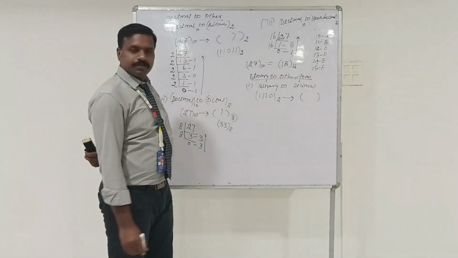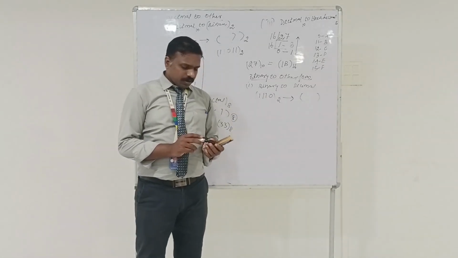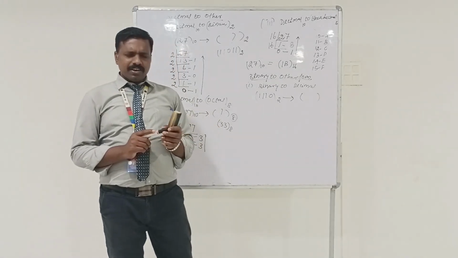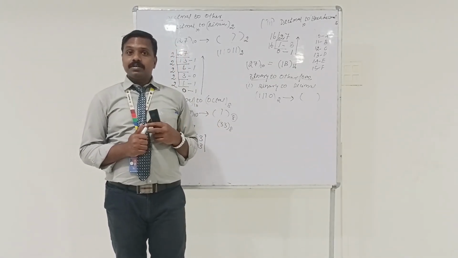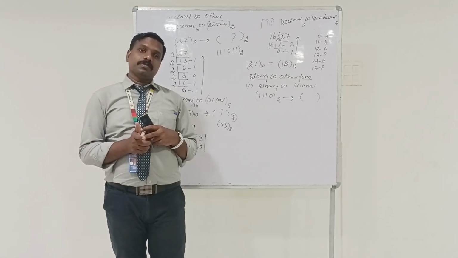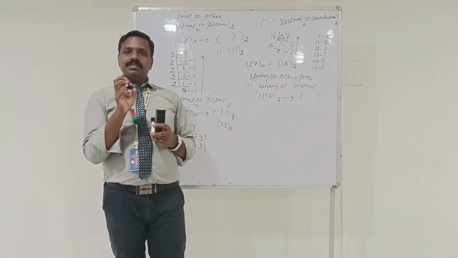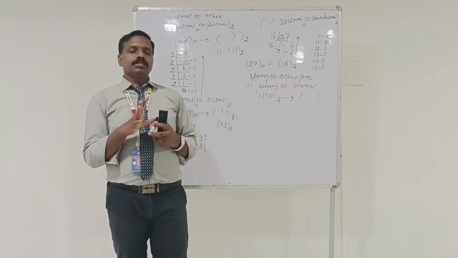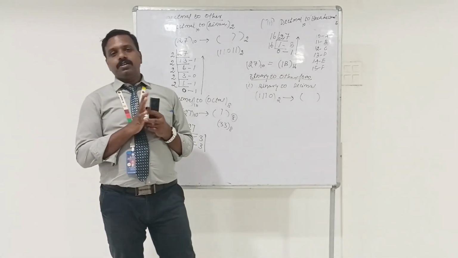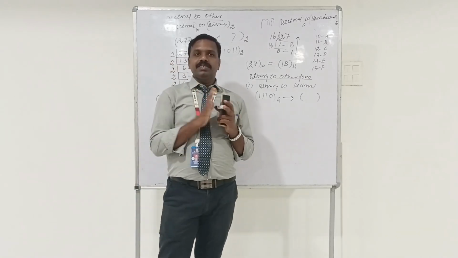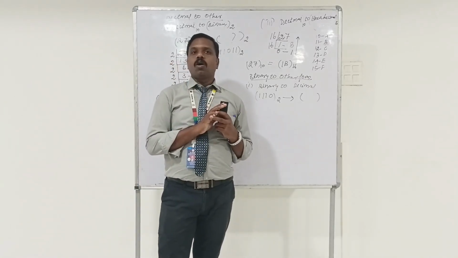Binary values are generally classified into two categories: weighted and non-weighted. Weighted means each digit is allotted some weight value. Non-weighted code means each digit does not contain any weight value.